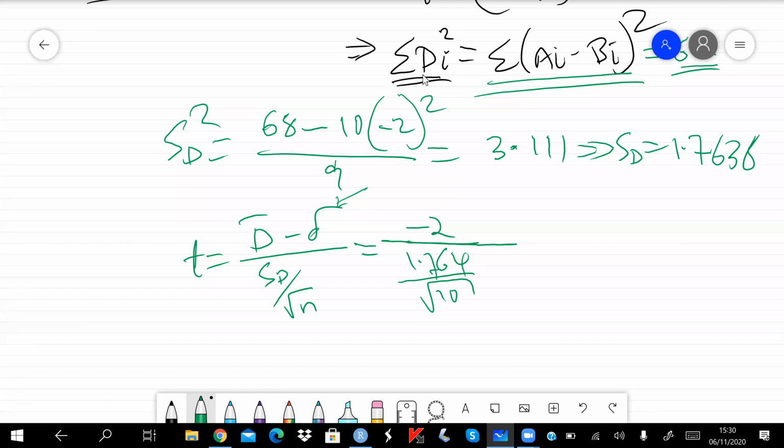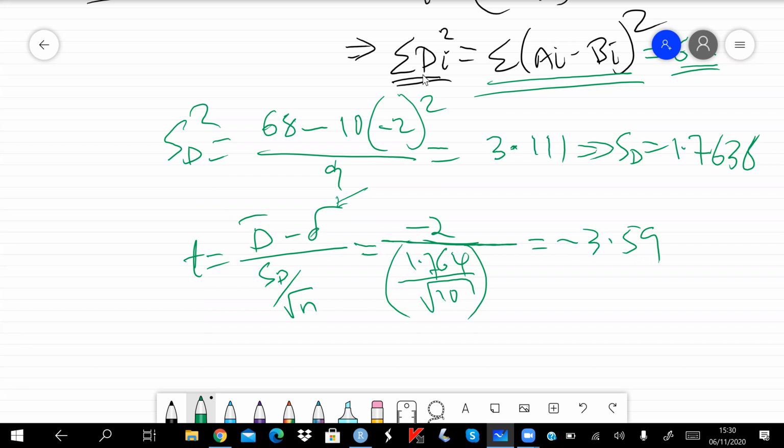So that is our test statistic, and your t value will be minus 3.59. That is the value we'll be using in the hypothesis testing.